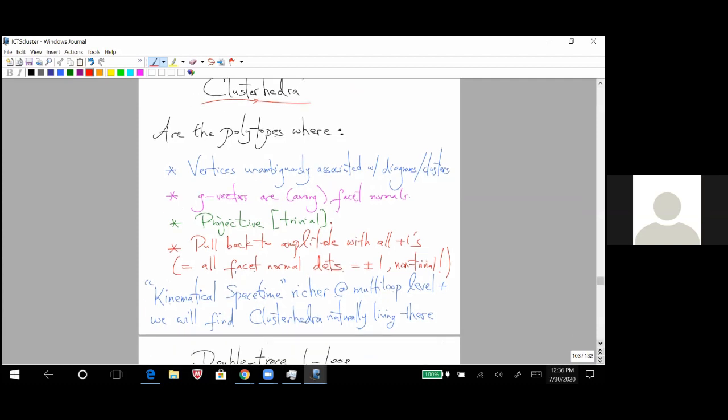But of course, as usual in this business, we're not inventing anything. All these things are just sitting there. So they either exist or they don't exist. But what's remarkable and what we'll now see is that the structure of this quote unquote kinematical spacetime is significantly richer at multi-loop level. And we're actually going to find that these clusterhedra are really naturally living there.